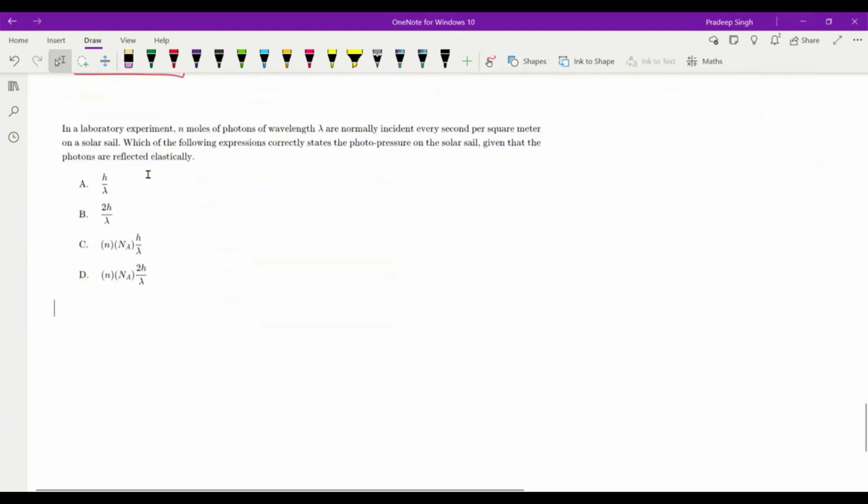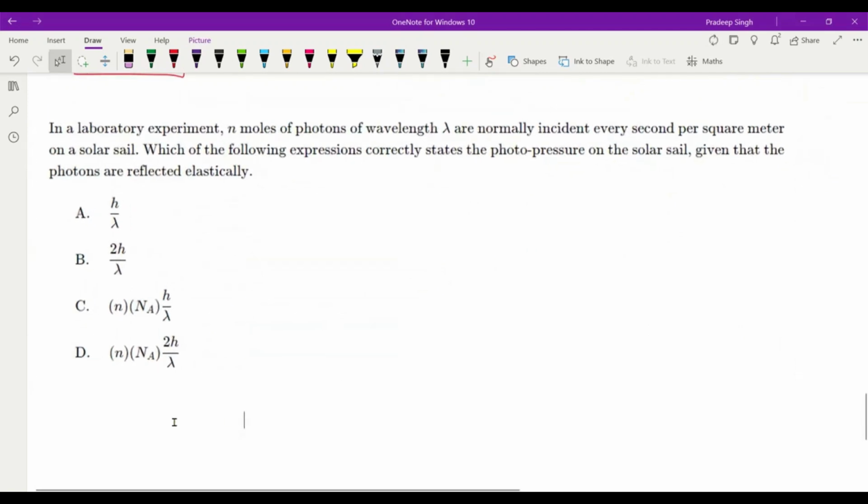Next, try this one. This is actually a question from mechanics, although they have placed it in this chapter.